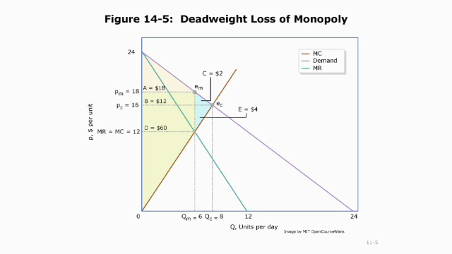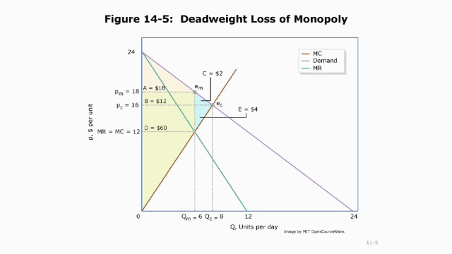So what are the welfare effects of monopoly? We know that the competitive firm maximizes welfare. We learned that last time. The best you can do is to sell 8 units at a price of 16. What happens when you sell 6 units at a price of 18? Consumer surplus falls.